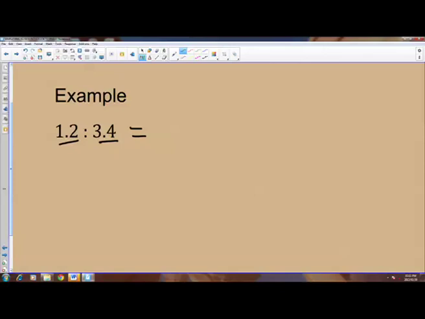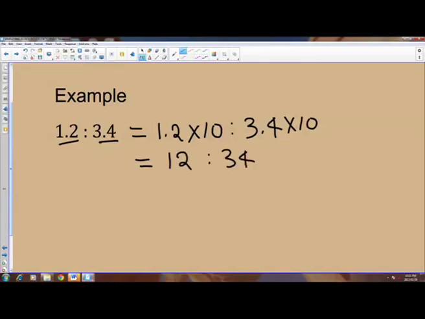So 1.2 times 10 is to 3.4 times 10 will be 12 is to 34. We now check, is the ratio simplified?